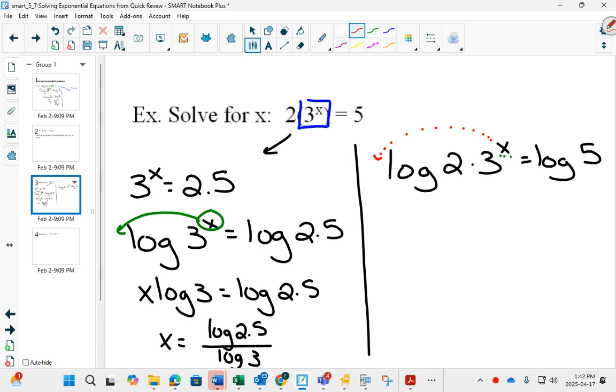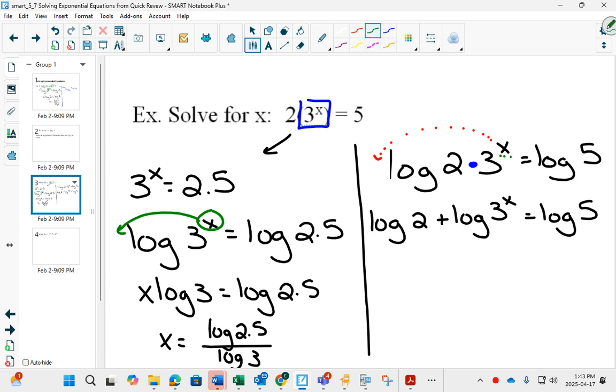But the log law says only when the exponent is to the entire thing inside the logarithm can you bring it out in front. Can you see if I bring it out in front, then I'll still have my 2 times 3 and I'll do the thing that's wrong, which is getting that 6. So instead, we first have to use the log law that is multiplying. And the multiplying log law says if you're multiplying inside of a logarithm, you can add.